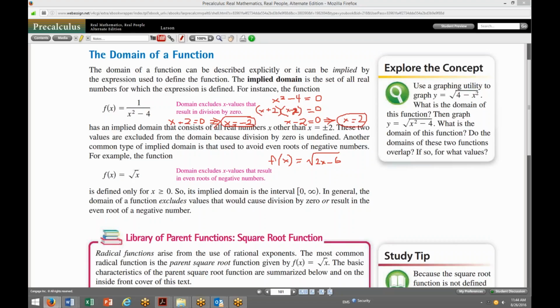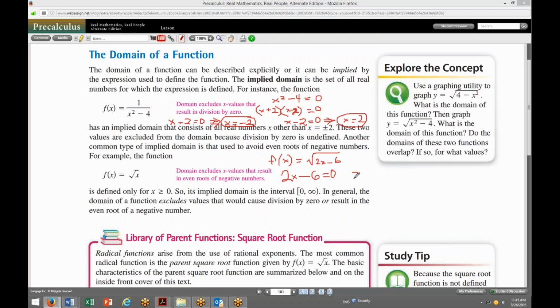So the smallest the contents of the radical can be is 0. So one way to do this is to write out the contents of the radical, in this case 2x minus 6, and force that to be equal to 0, create an equation making that equal to 0, and then solve for x.